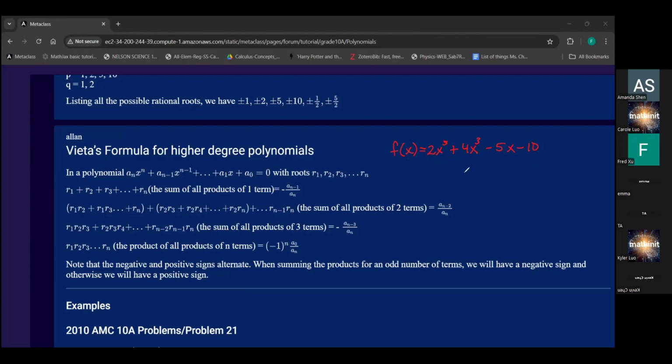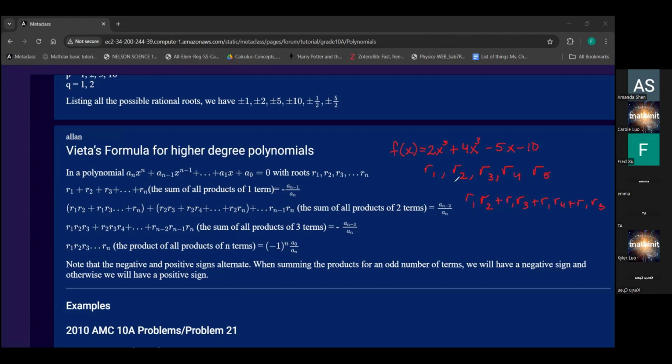we should have five of the roots. So R1, we have R2, R3, R4, and we have R5. And basically, this is saying this sum of all products. So we have R1 times R2 plus R1 times R3 plus R1 times R4 plus R1 times R5.